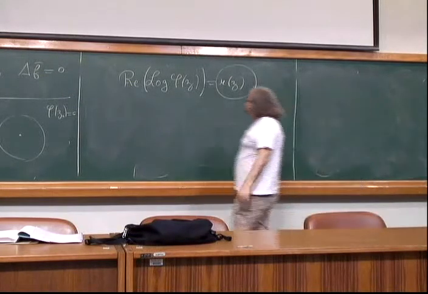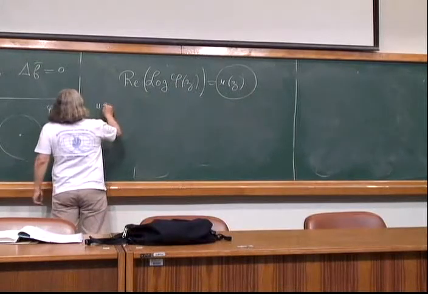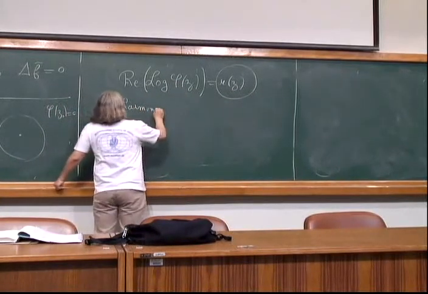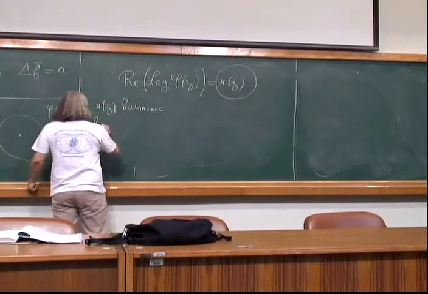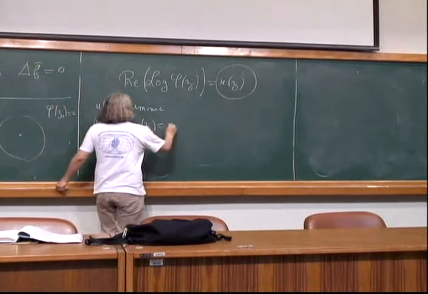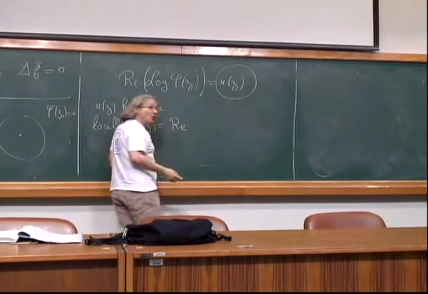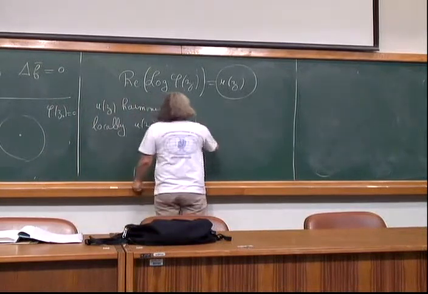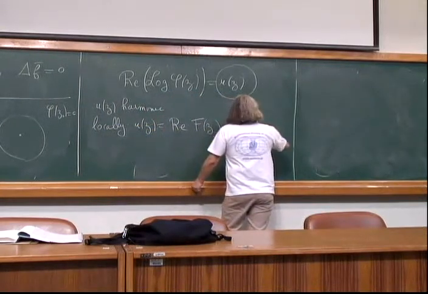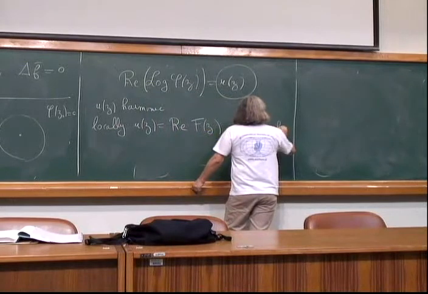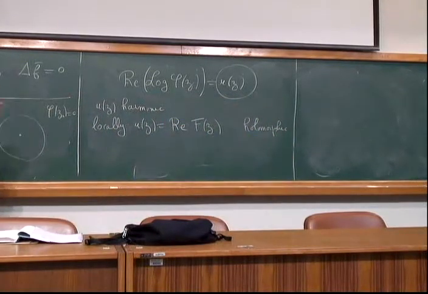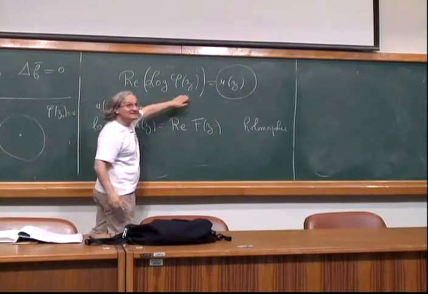Well, that's very easy. u of z is harmonic. Hence, locally, u of z is the real part of some holomorphic function. This holomorphic function, I know what it is. It will be log phi of z.